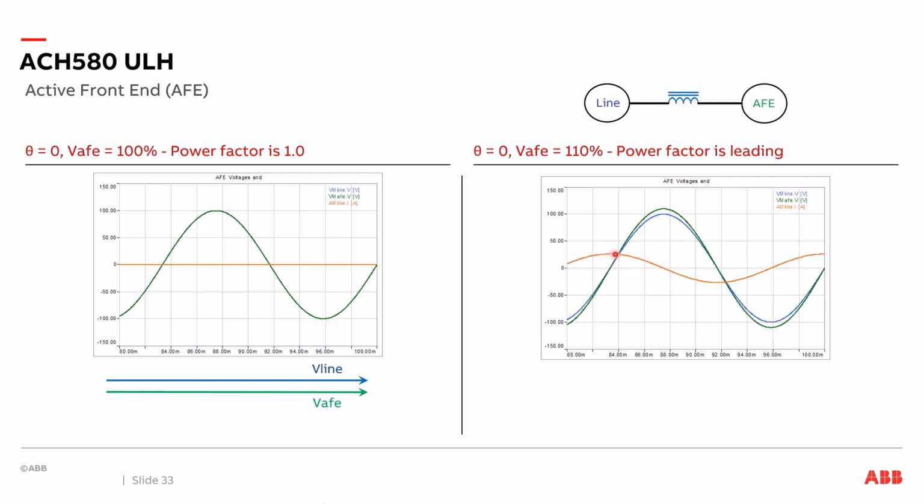So the current is actually leading by 90 degrees. When we look at our phasors, we see the voltage of the active front end is higher by 10% than the voltage of the line. Therefore, Vx is now pointed into the line voltage, and Ix is pointed up at 90 degrees.